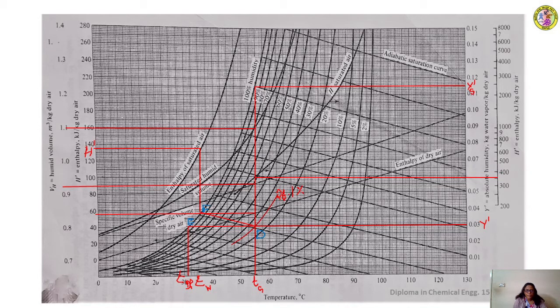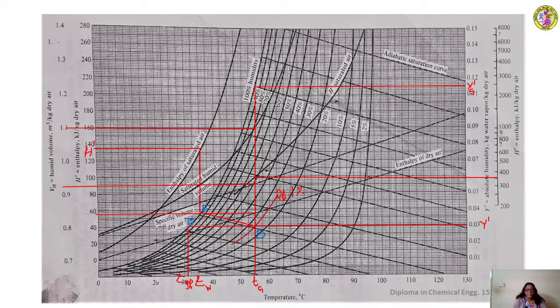From this point we have drawn a curve that is showing 26.1%. So from this curve you understood that the percentage saturation of the given sample of air is 26.1%, meaning the given air is only saturated up to 26.1%.